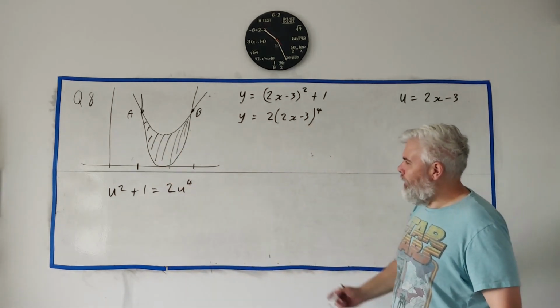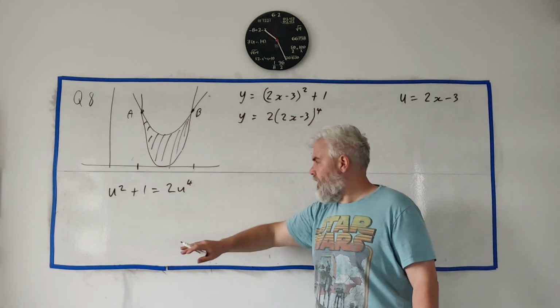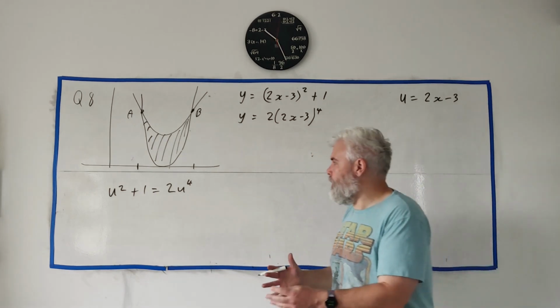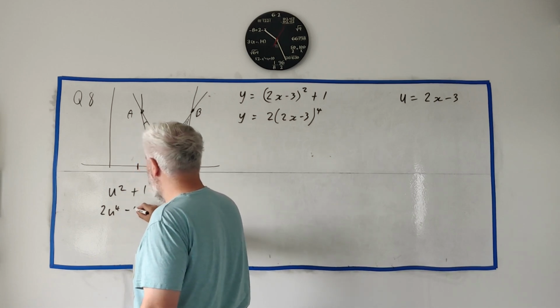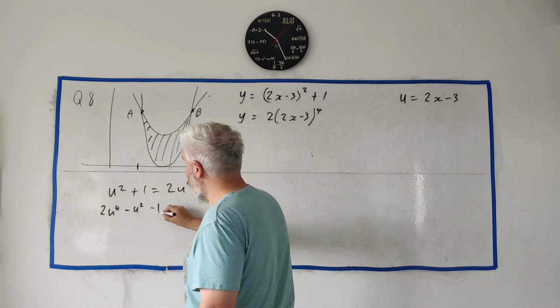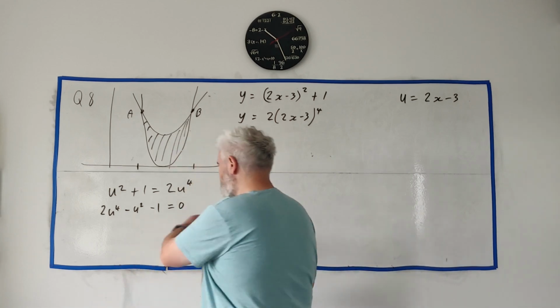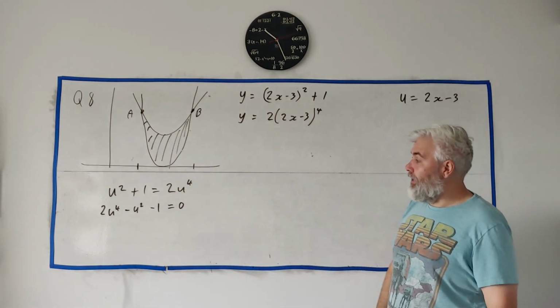That might not be clear, but this is a quadratic equation. Let me rearrange it. Move everything to the right, we get 2u to the power 4 minus u to the power 2 minus 1 equals 0.